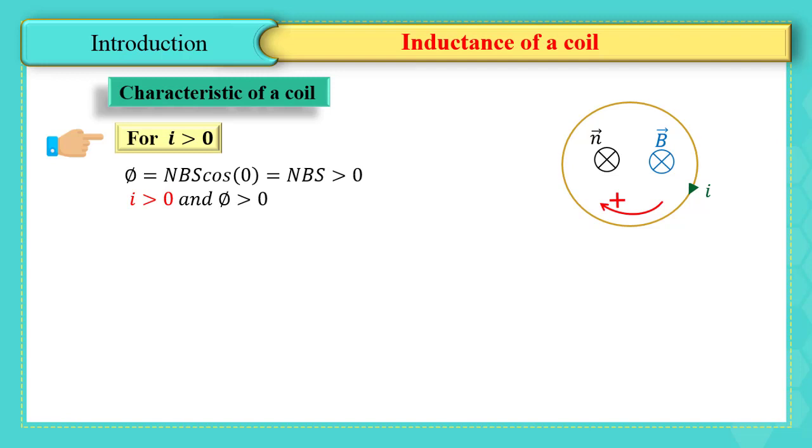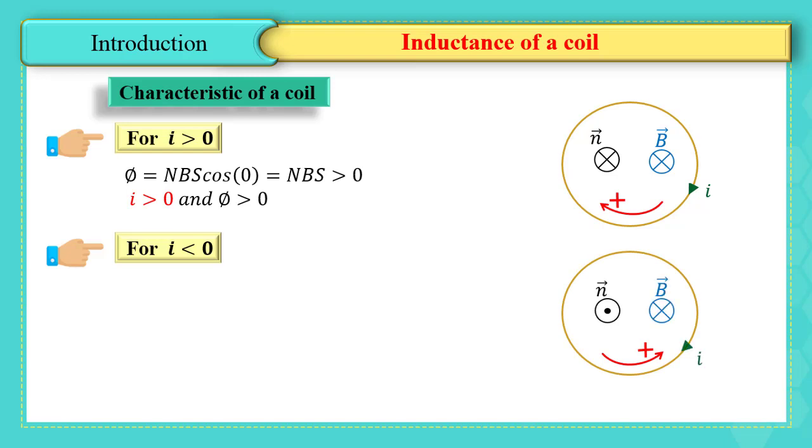Let us study the second case for i less than 0, when i is traversing the coil in the direction opposite to the positive direction. That means, according to the right-hand rule, the magnetic field created by the current traversing the coil is opposite to the normal vector of the coil.